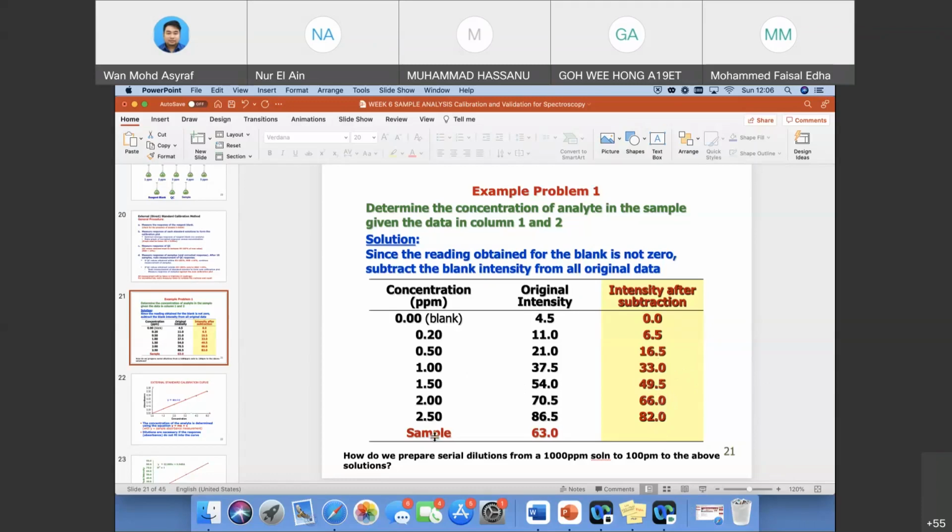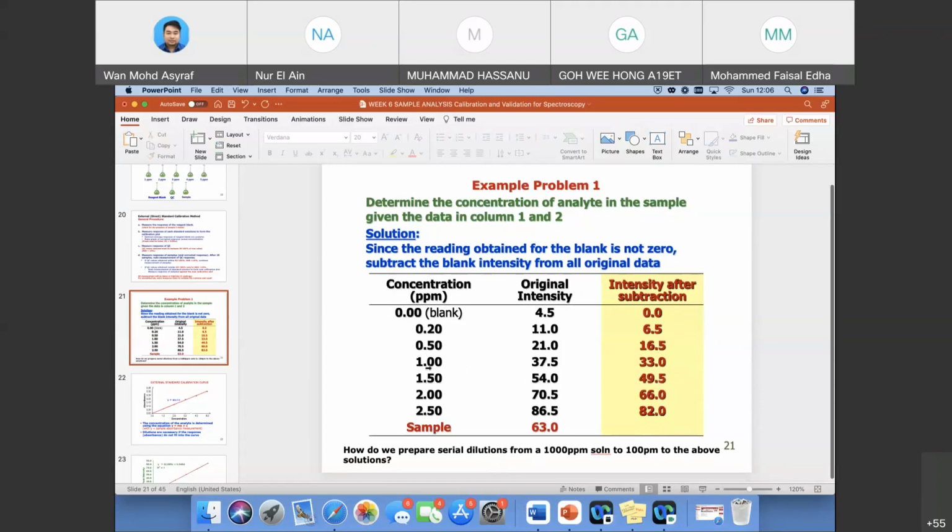After you have done your calibration curve from 0.0 until 2.5, you create your calibration curve in Excel, and then you do your sample analysis. Your sample analysis gives an intensity of 63. So, how does it work?